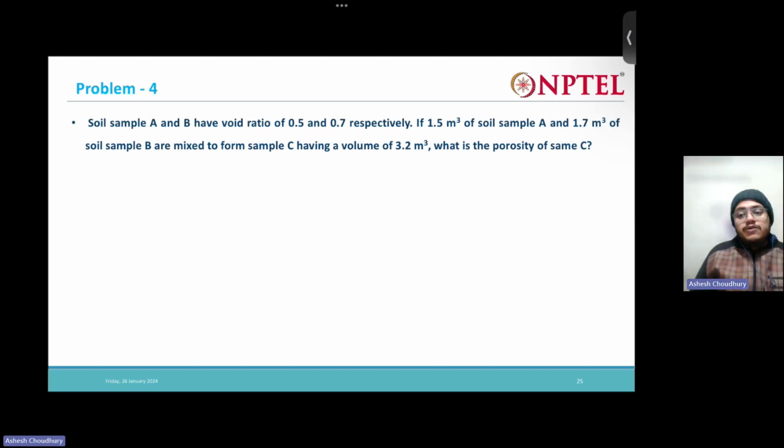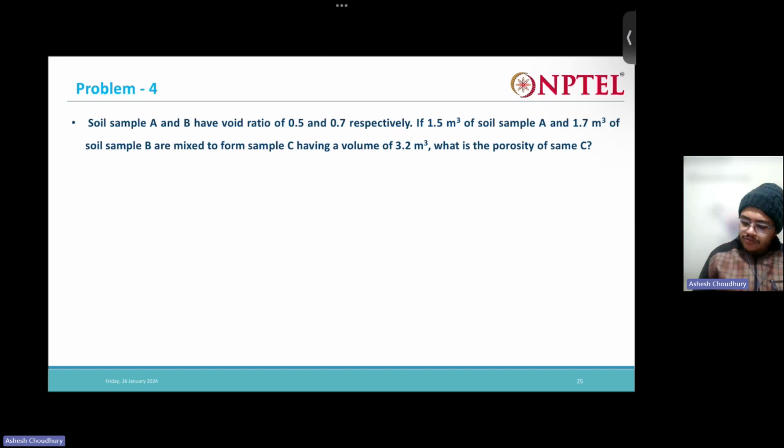If 1.5 meter cube of soil sample A and 1.7 meter cube of soil sample B are mixed to form sample C, having a volume of 3.2 meter cube, what is the porosity of the sample C?